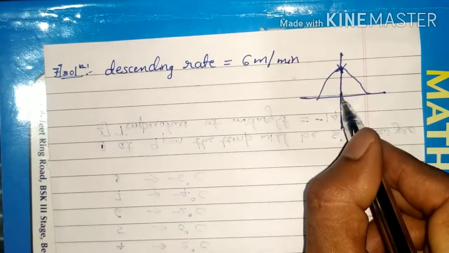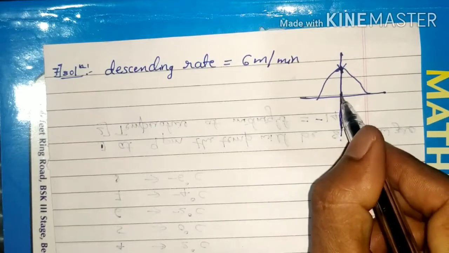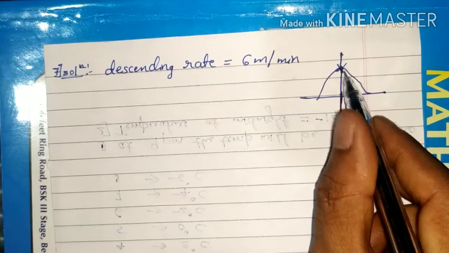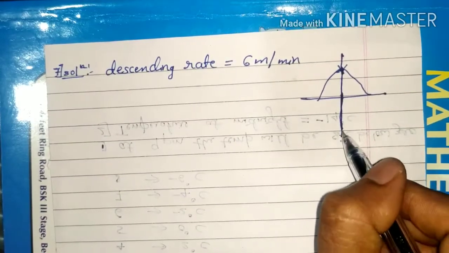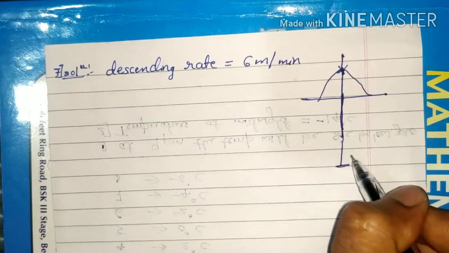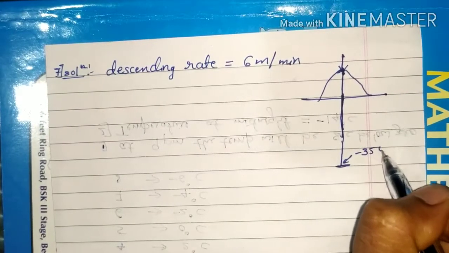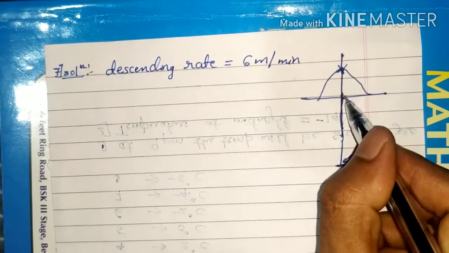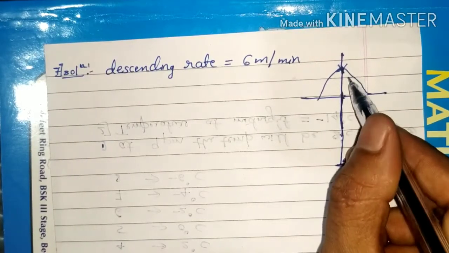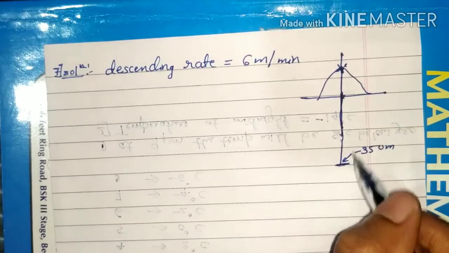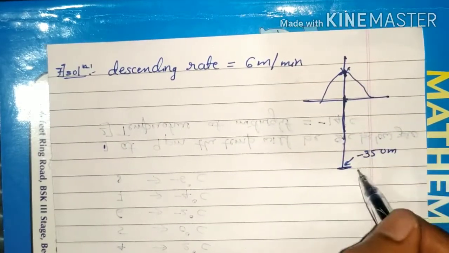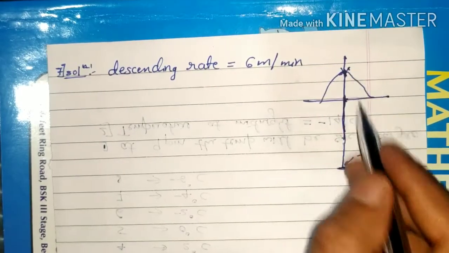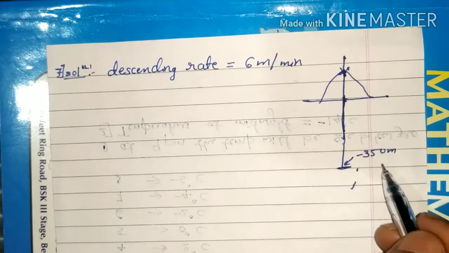Ground level you have to consider as 0. Above ground level is positive, that is 10 meter. Below ground level you have to consider negative. That means it has to reach minus 350 meter. From here to here it is 10 meter and from here to here it is 350 meter. So the total distance is 360 meter. The elevator has to go through 360 meters.